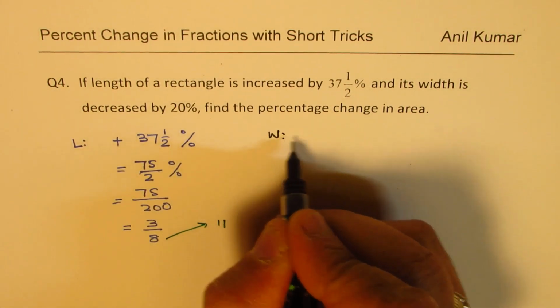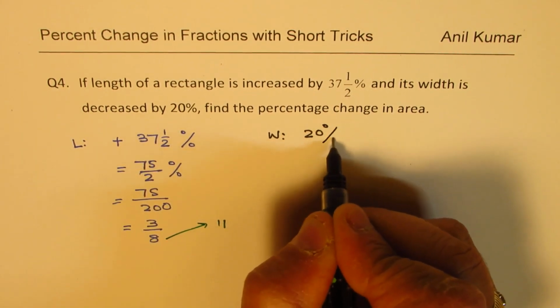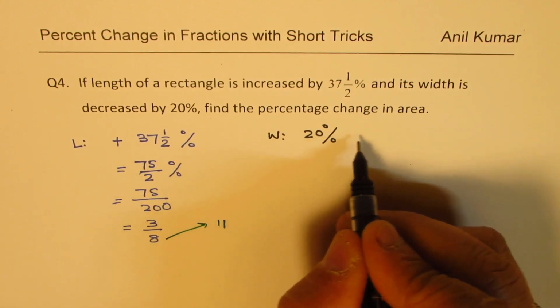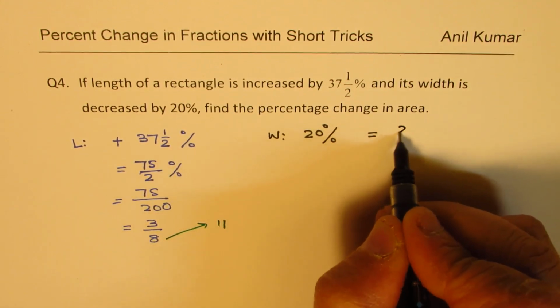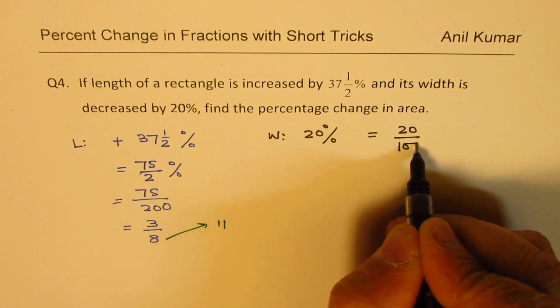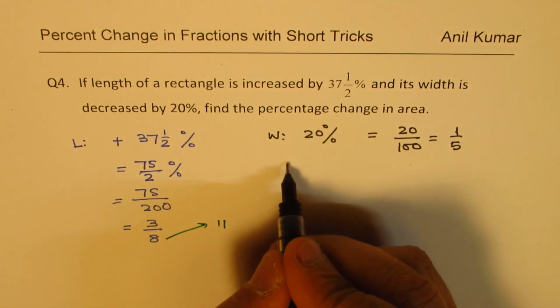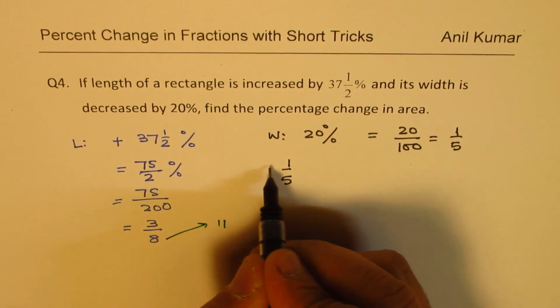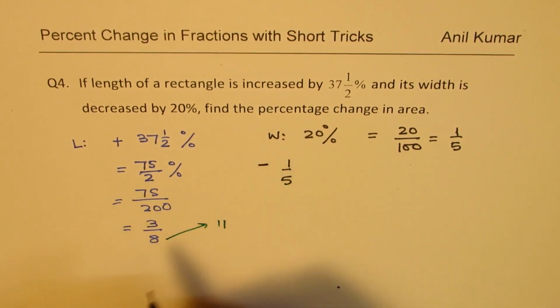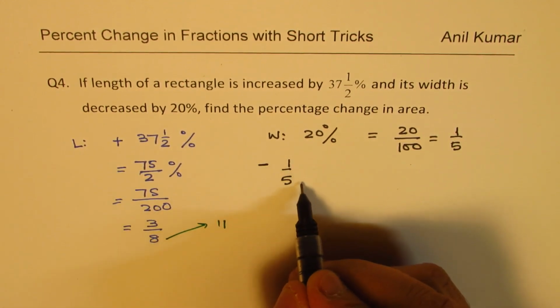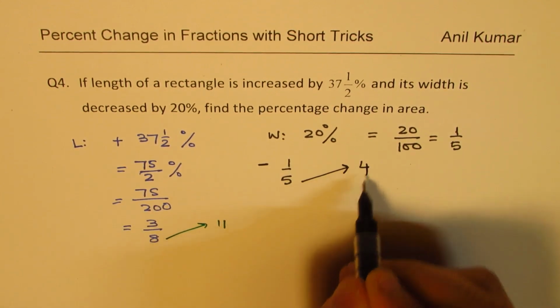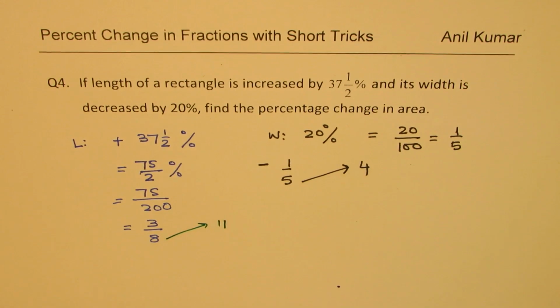As a fraction, 20% is 20 over 100, which really means 1 over 5. Now when we decrease, we take away 1 from 5, so the change to 1 is 4, right? So that becomes our final.